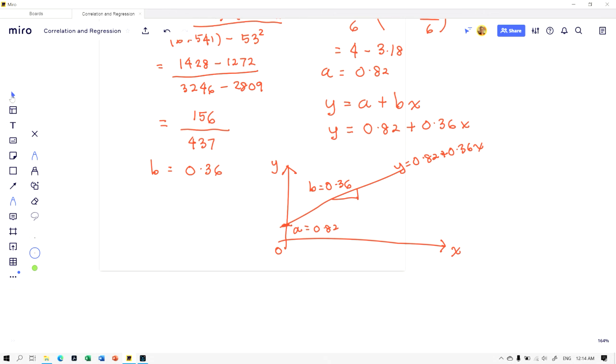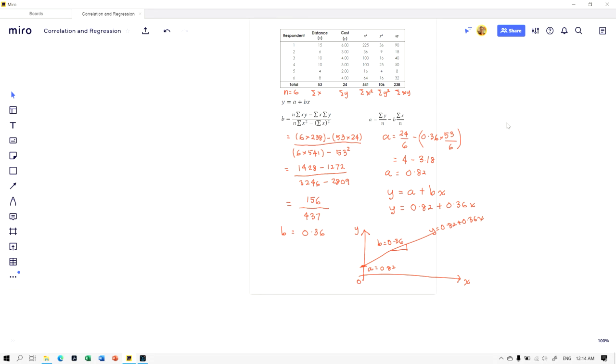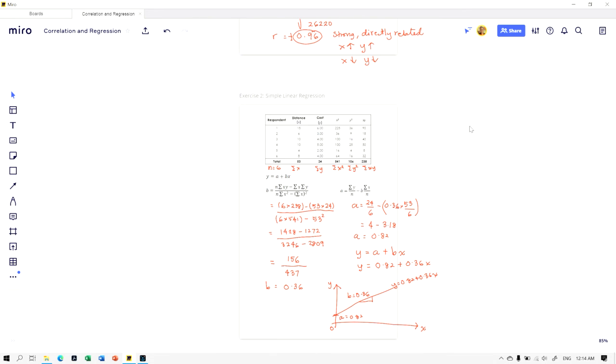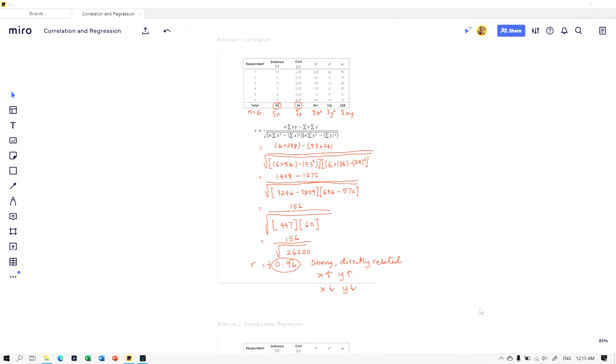Alright, so that's all that we have for today, and what we have seen is how to quantify the relationship between two quantitative variables. The statistic that we use to measure the relationship between the two quantitative variables is the Pearson correlation coefficient, denoted by the symbol r.